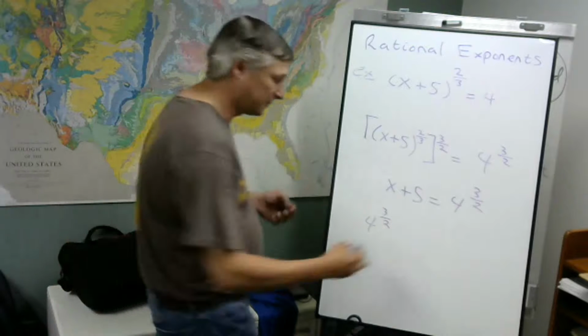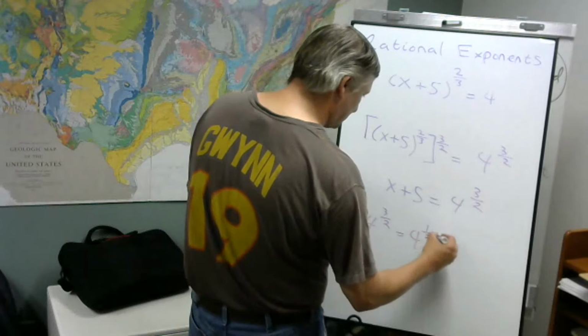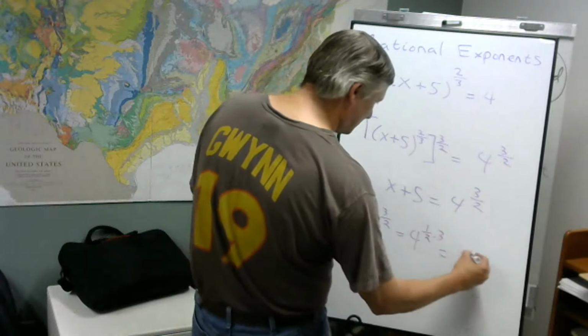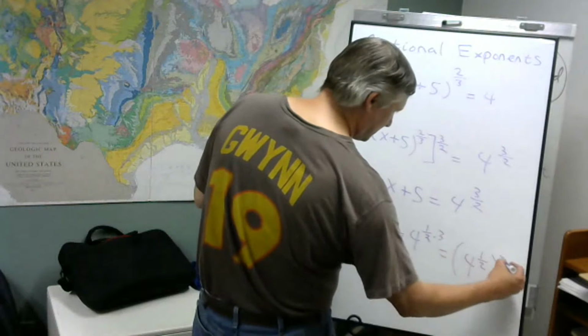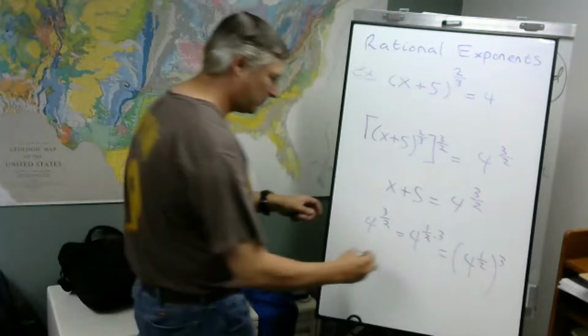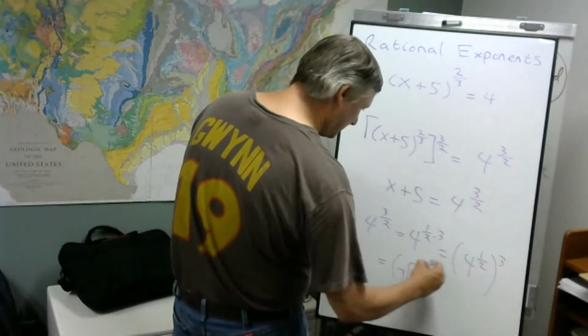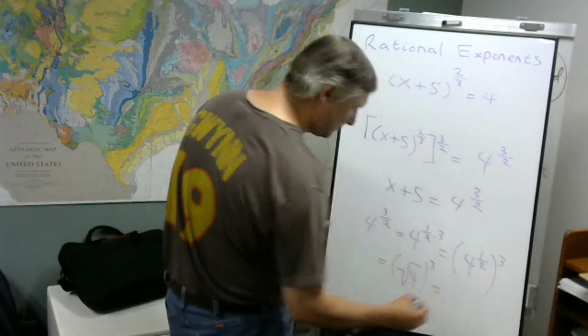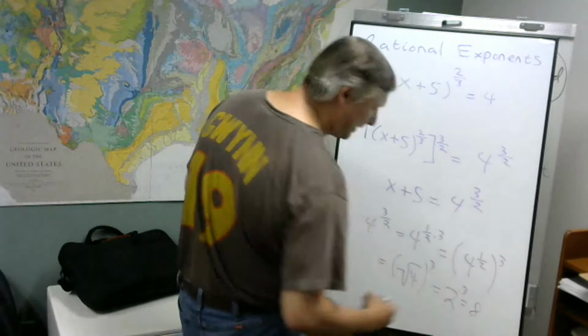I'm going to do the square root first. So we'll get square root of 4 cubed, or 2 cubed, or 8.